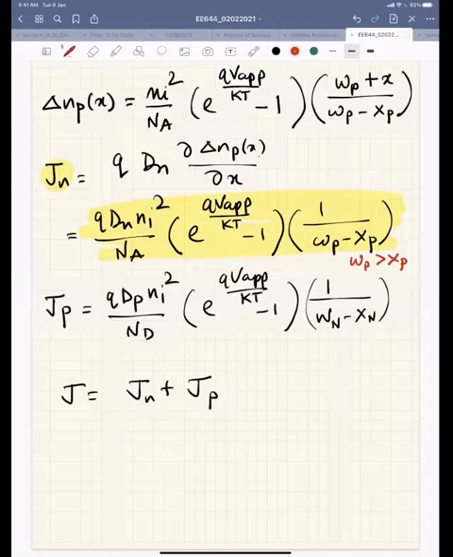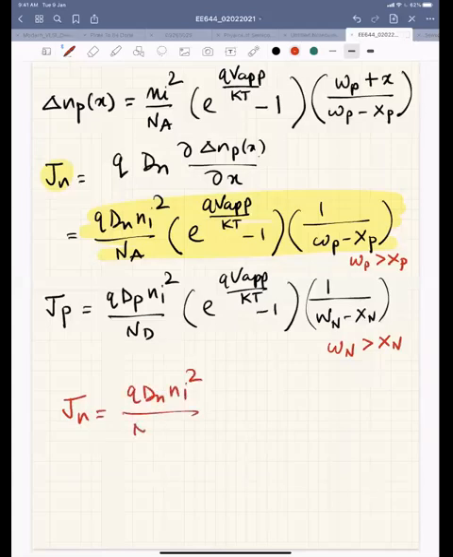So let's say Wp is more than xp and Wn is more than xn. Then I could simplify this a little bit again. My electron current will be q Dn ni square by Na Wp, right?